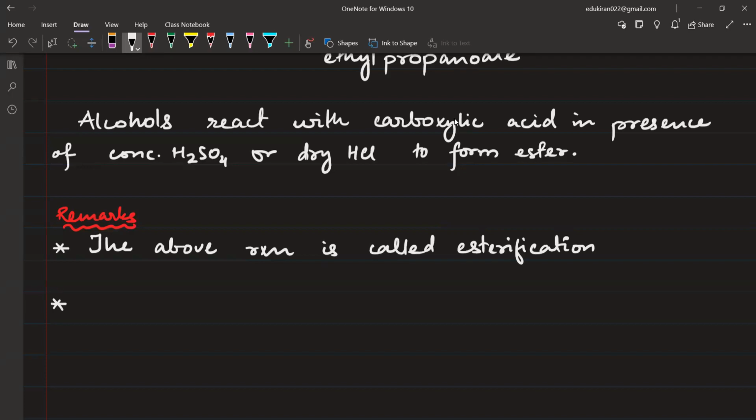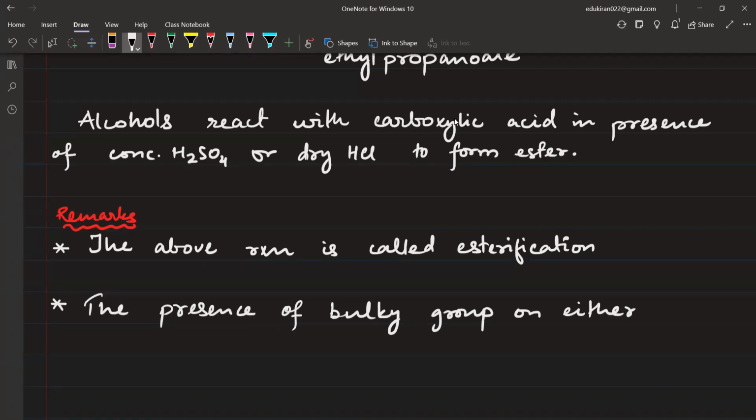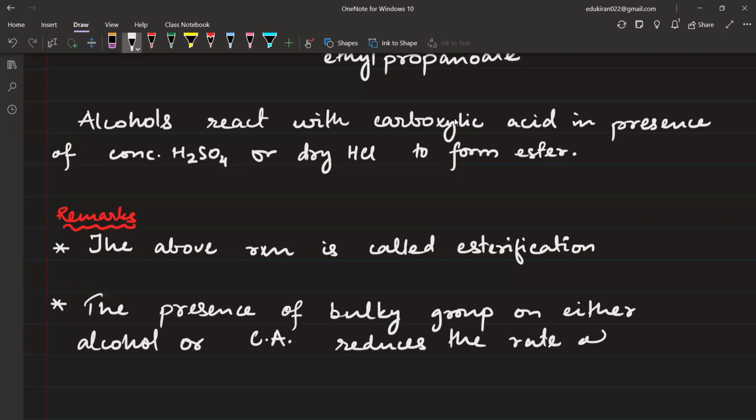Right, next. The presence of bulky group on either alcohol or carboxylic acid reduces the rate of esterification.